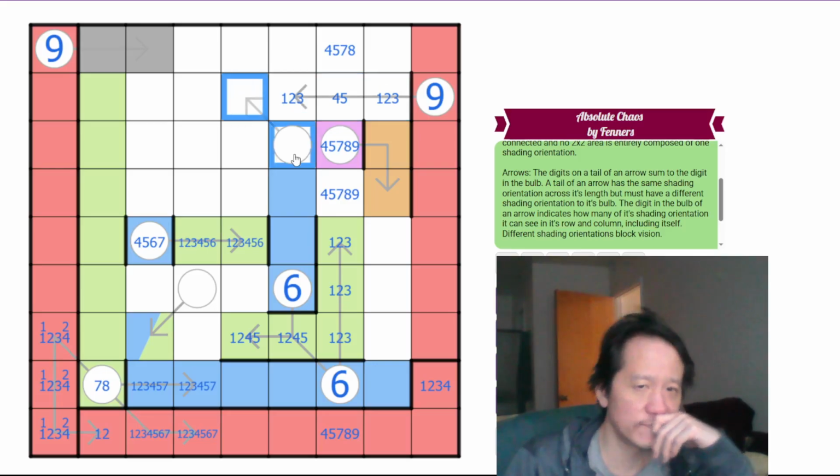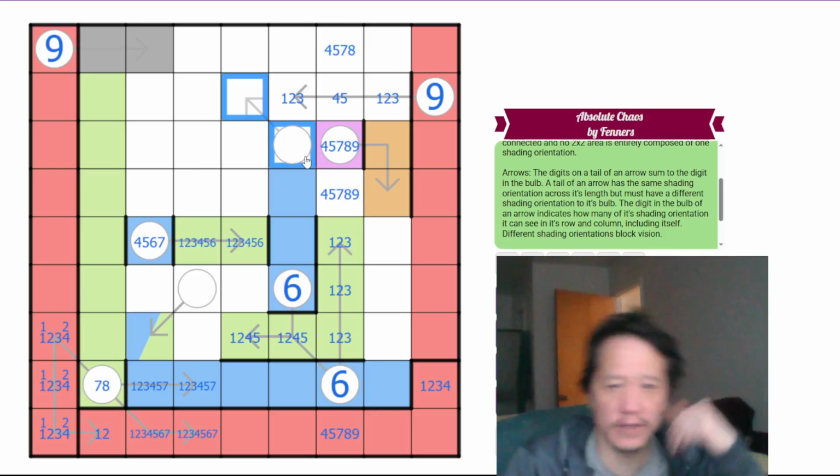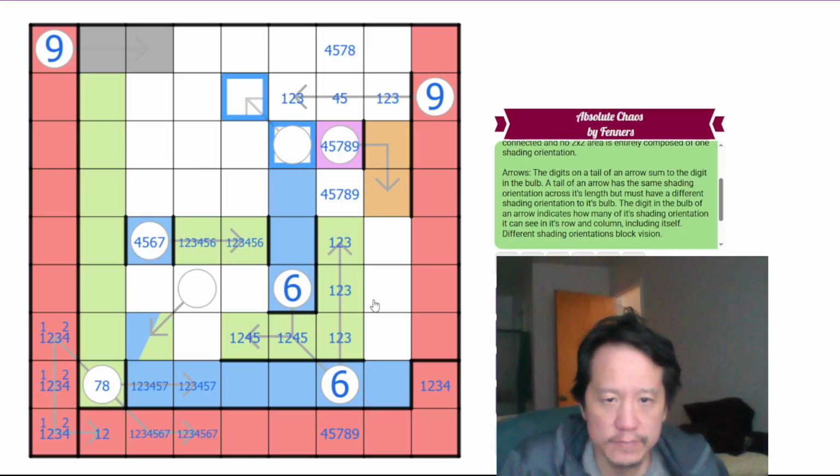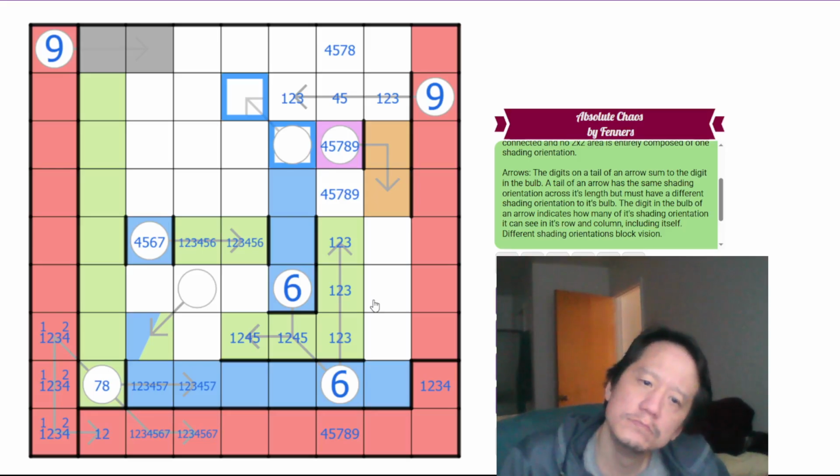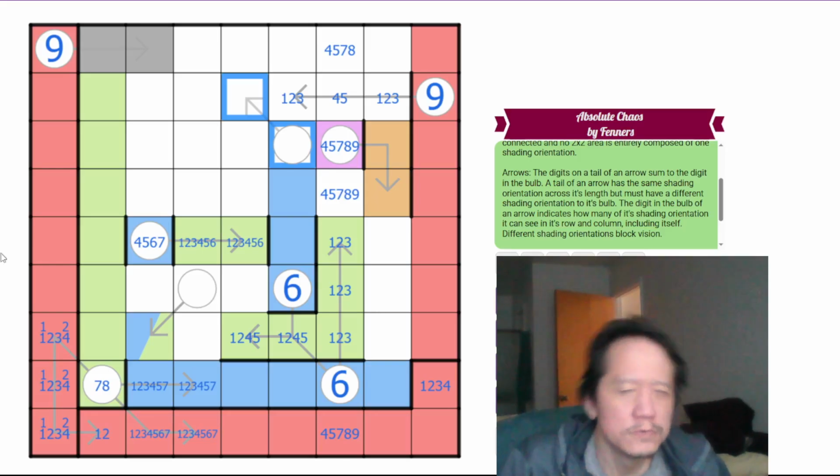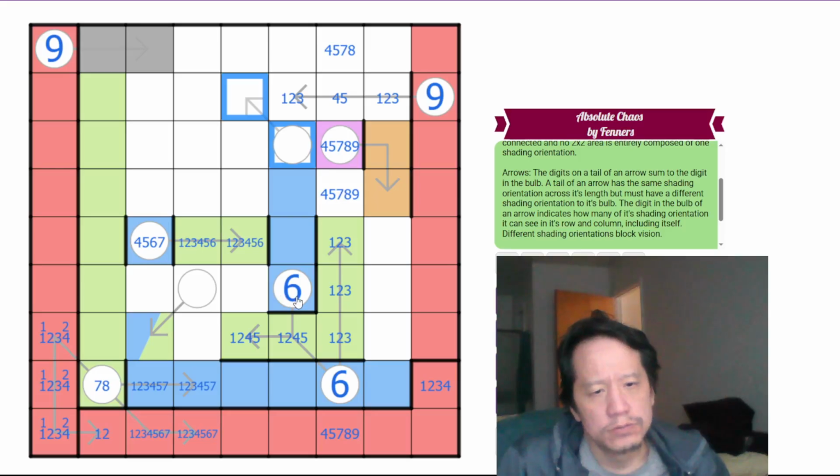These two are different. This cell is the same as this one.